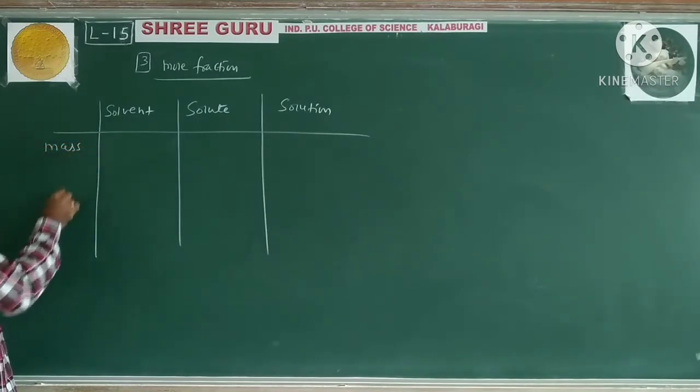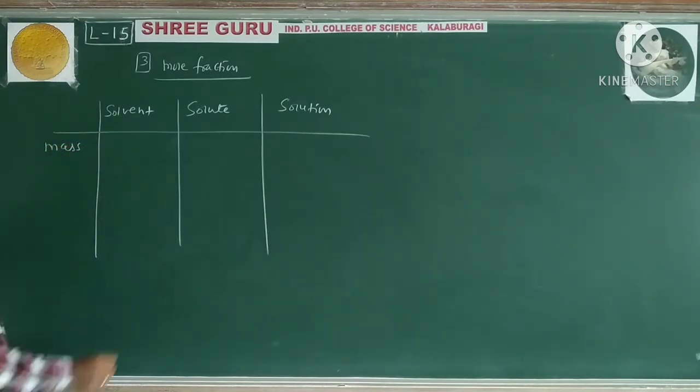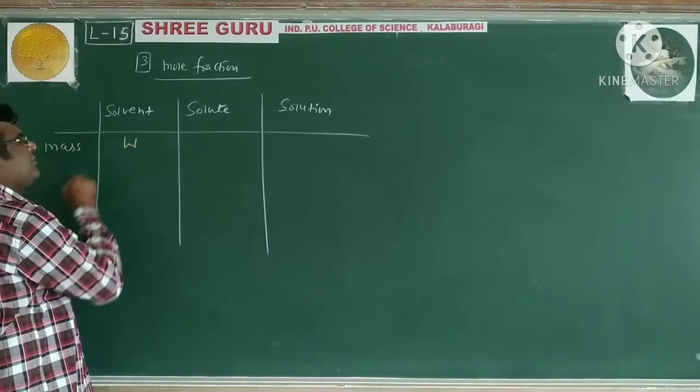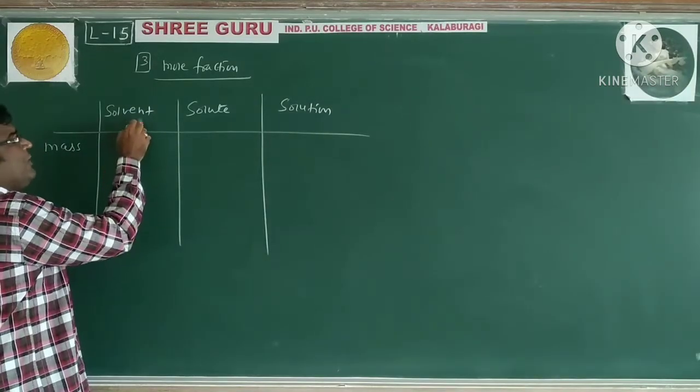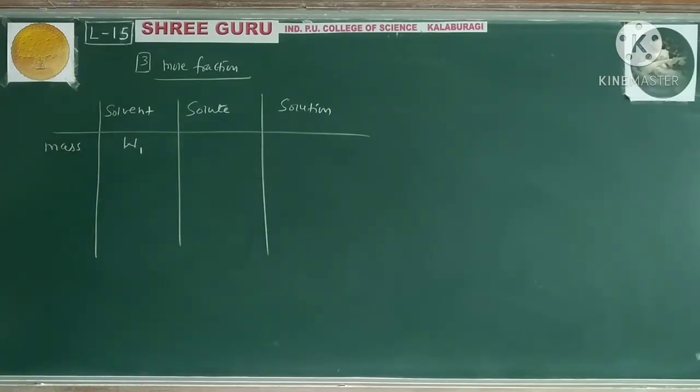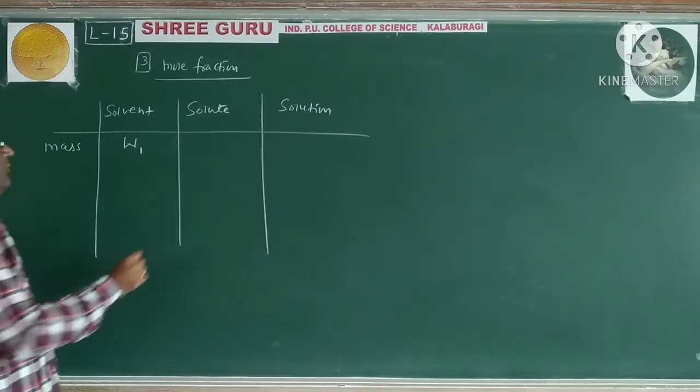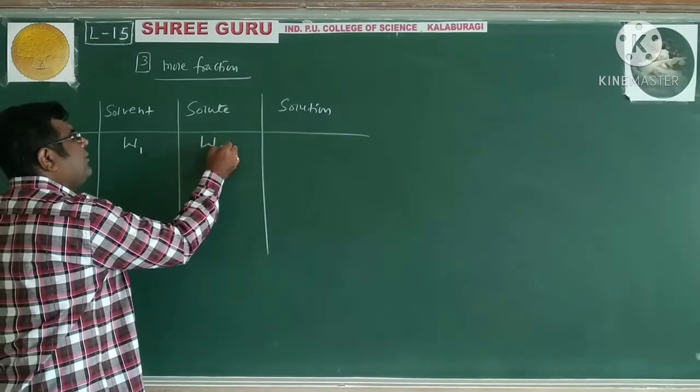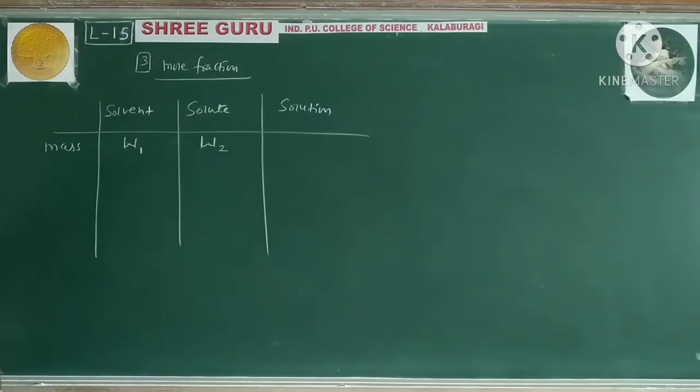For mass of solvent, we use this term W. As solvent is more in proportion, we write 1 as a subscript. Remember, 1 stands for solvent. Solute, as it is small in amount, we write W2.